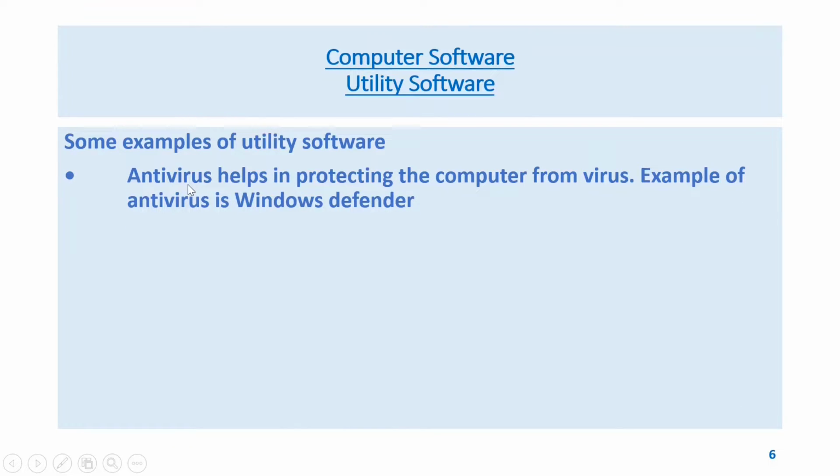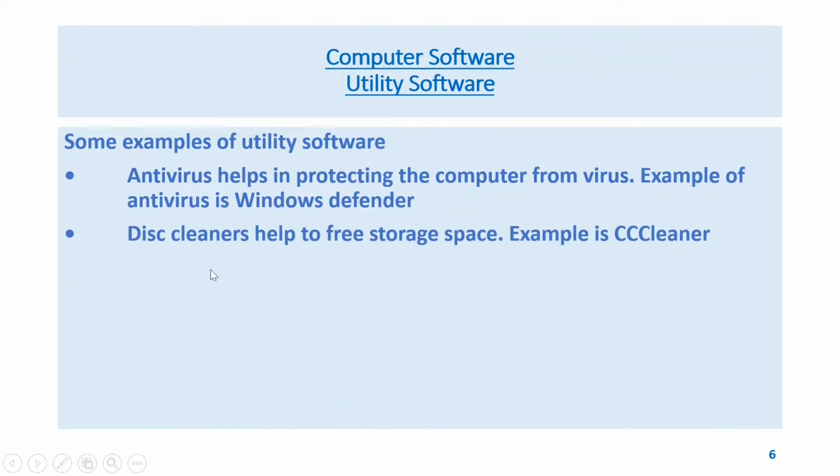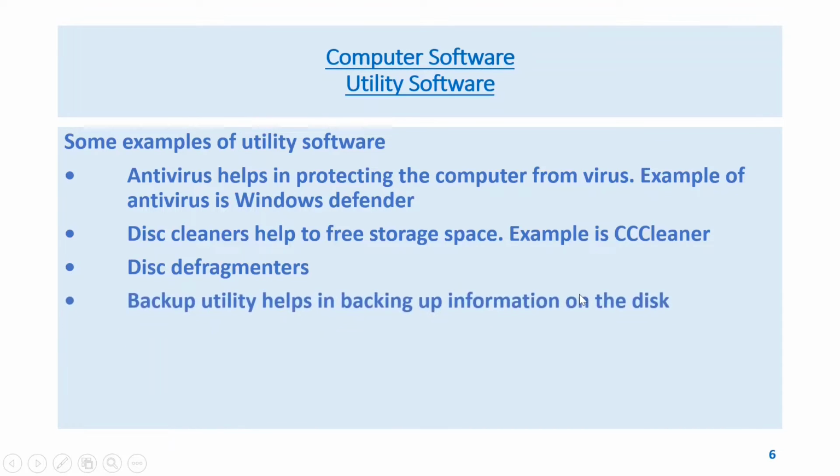Antivirus. Antivirus helps in protecting the computer from virus. An example of antivirus is Windows Defender. Disk cleaners. Disk cleaners help to free storage space. An example is CCleaner. Disk defragmenters. Backup utility helps in backing up information on the disk.